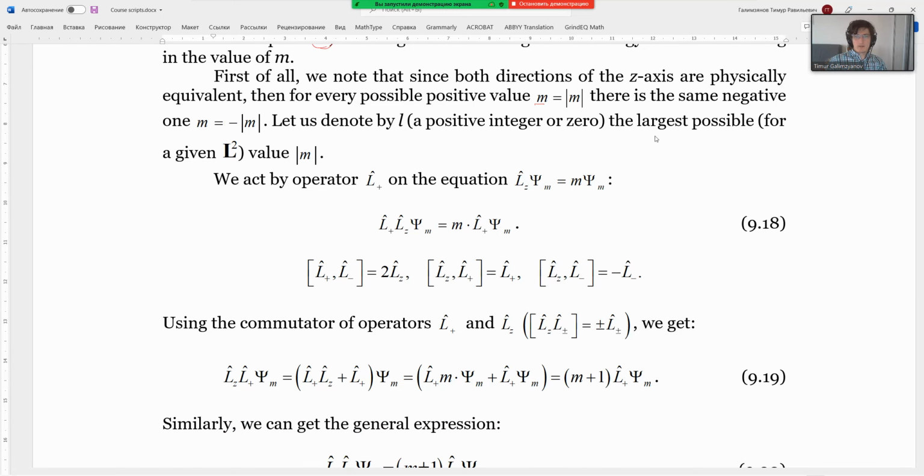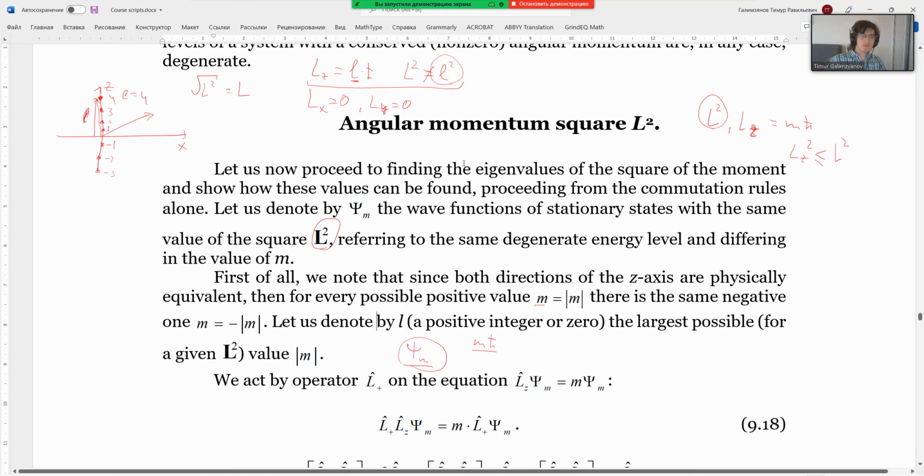Let's denote by psi m a state in which the system has a definite projection on the z-axis equal to m h bar. So psi m corresponds to m; this one is psi 1, this is psi minus 1, this is psi minus 2.